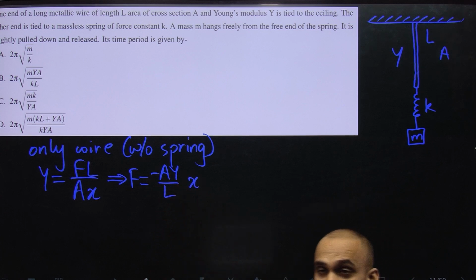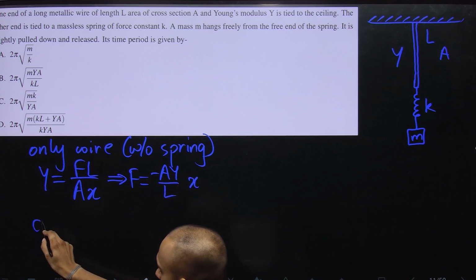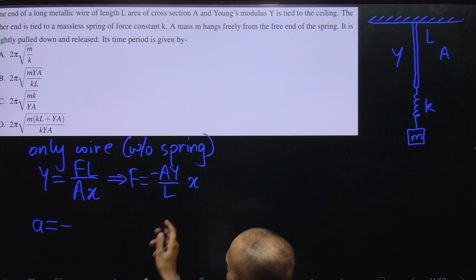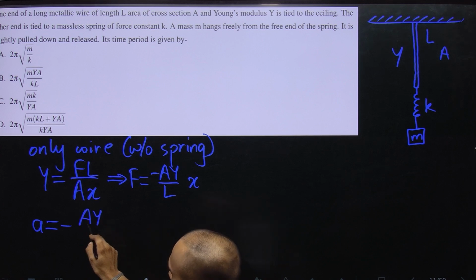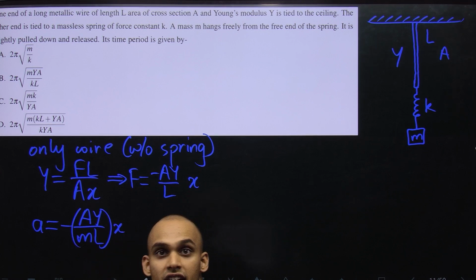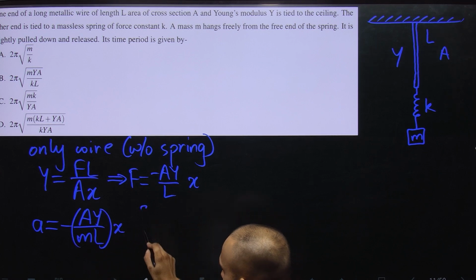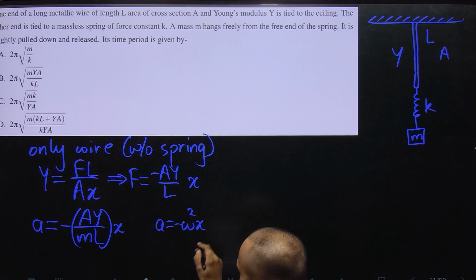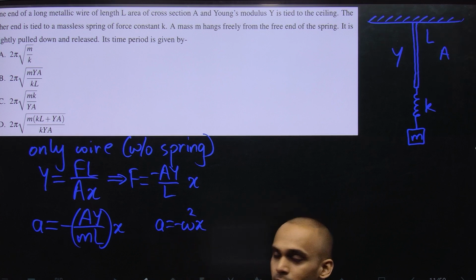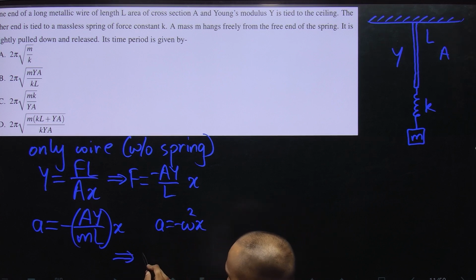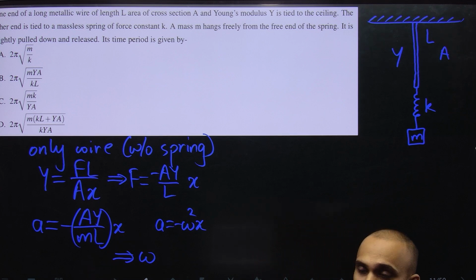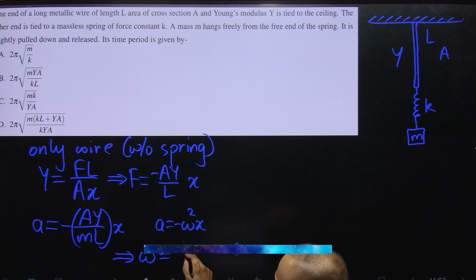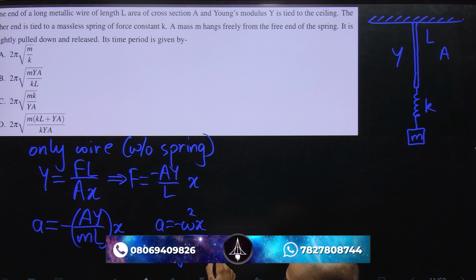Again, taking F equal to ma, we get the value of acceleration as equal to minus of A into Y upon mass into length into x. Now compare this with the SHM equation. a is equal to minus omega square into x is the equation for SHM. We get the value of angular frequency for oscillation of this wire equal to under root AY upon mL.